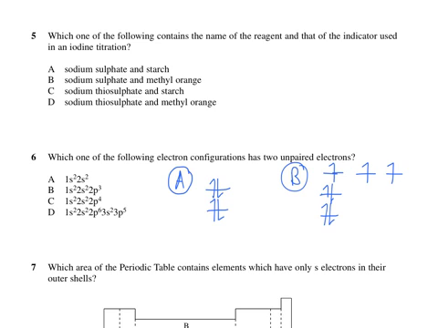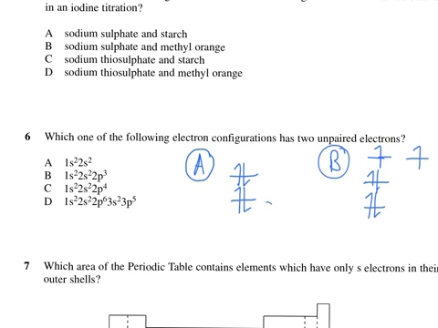Then for C, I'll draw C in the middle here. So C, we've got 1s, we've got 2s, and we've got our 2p, and there's 3 of those. Okay, so we've got 1s2, 2s2, and then 2p4.